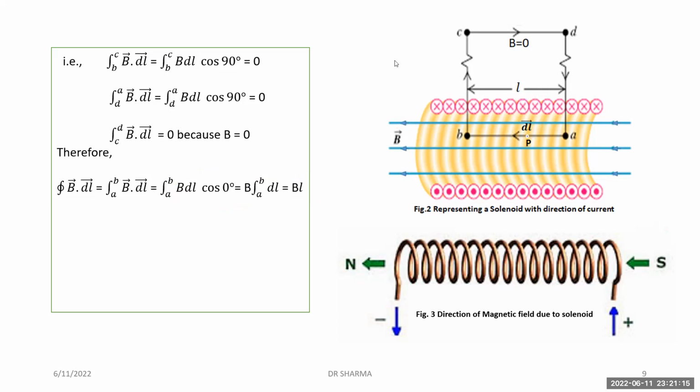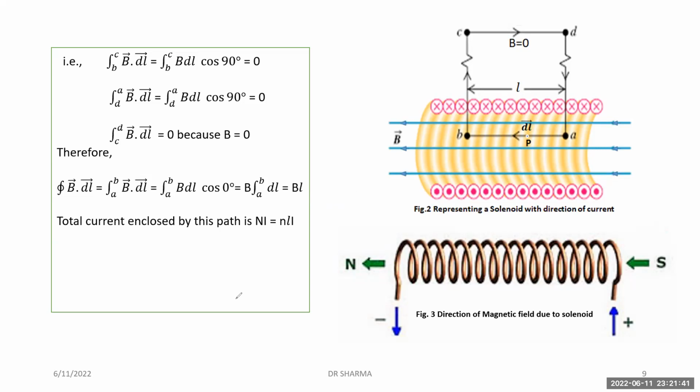Now, to apply Ampere's circuital law, we must know how much current is enclosed by that Amperian loop. It is just the total number of turns enclosed by that rectangular Amperian loop, and the current through a single loop.